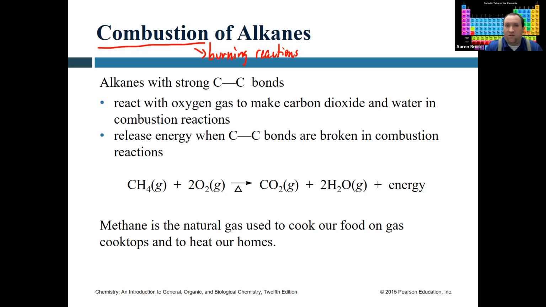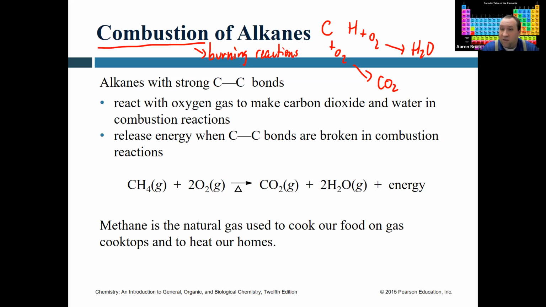And so we have to remember that alkanes are carbon and hydrogen primarily. The carbon, when it reacts with oxygen, would create carbon dioxide. The hydrogen, when it reacts with oxygen, is going to make water. And so when we do these kinds of chemical reactions between alkanes and oxygen, these combustion reactions, carbon dioxide and water are going to be the primary products.